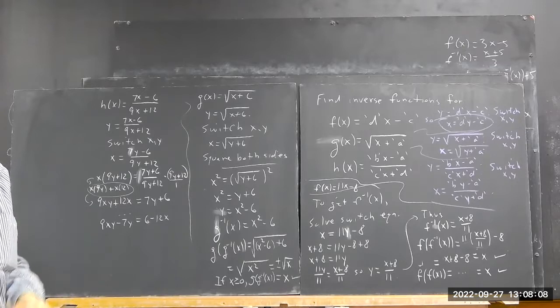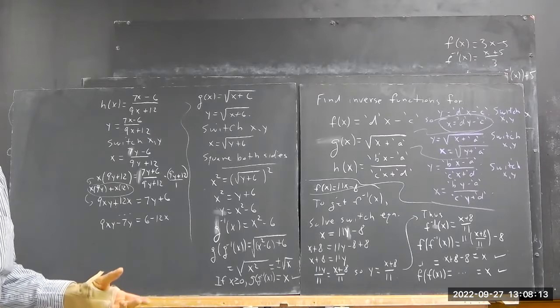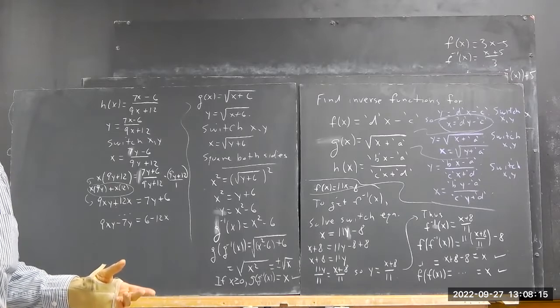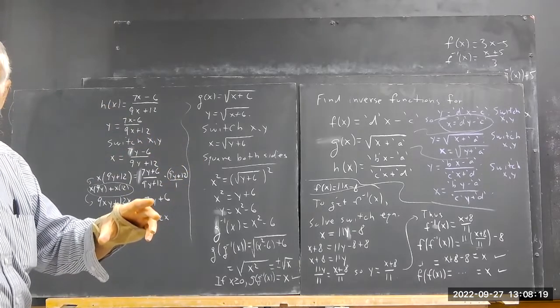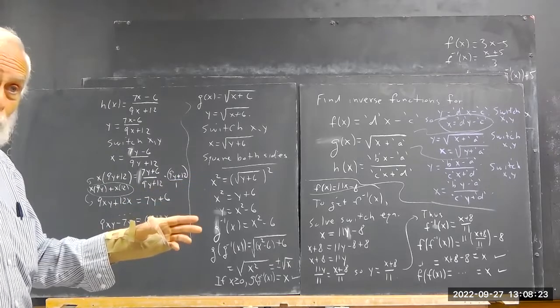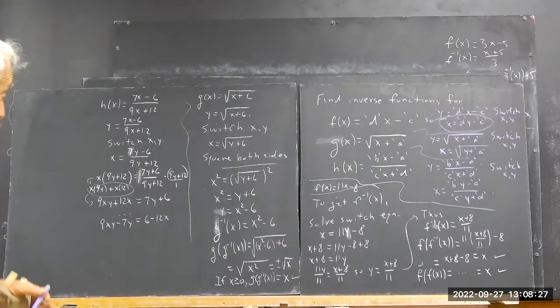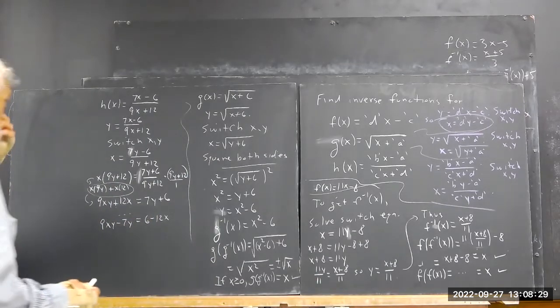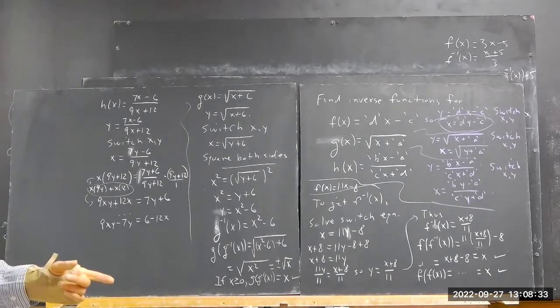Because if the rules don't allow you to move them the way you think you ought to move them, then you can't do it. And a lot of times, something's going to look like you ought to be able to do it, and you're going to do it, but you really can't. You didn't do it by the rules. Then you missed a problem. Everything kind of crumbles around you. Okay, so why did we do this? We're trying to solve for y.